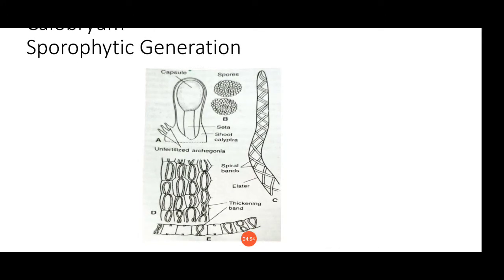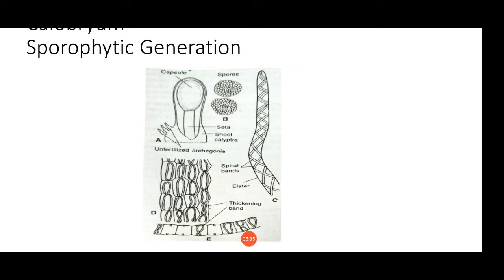Just after fertilization, when the male and female gametes, the egg and the sperm, fuse to form the zygote, the venter wall cells start dividing extensively by periclinal divisions, resulting in a cylindrical, fleshy, green to yellowish green, massive calyptra, which is around 15 to 17 mm long around the developing sporophyte.